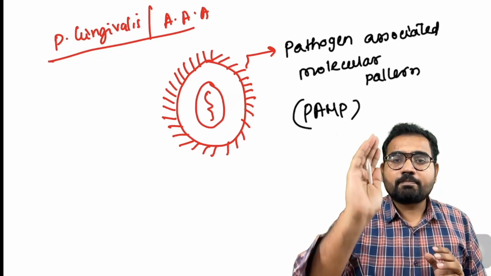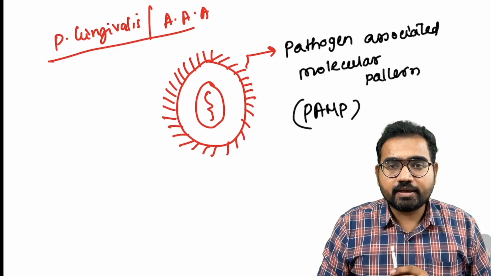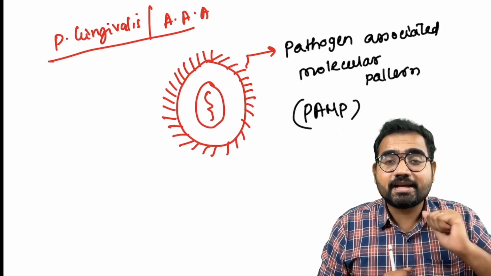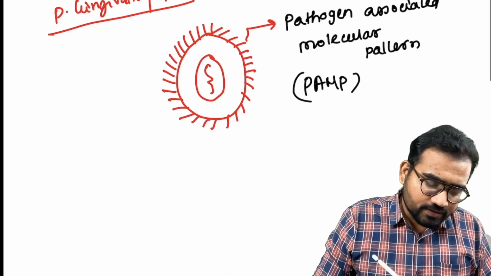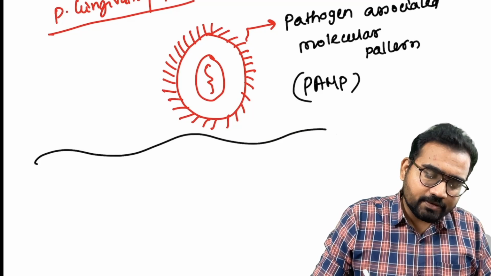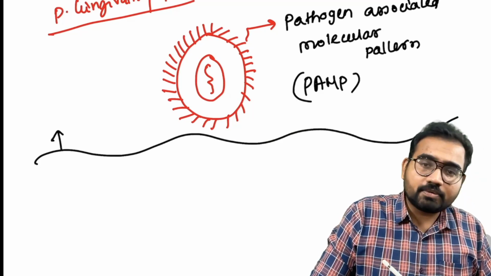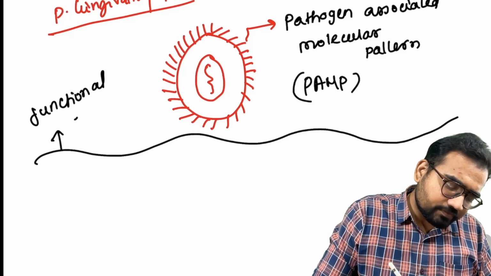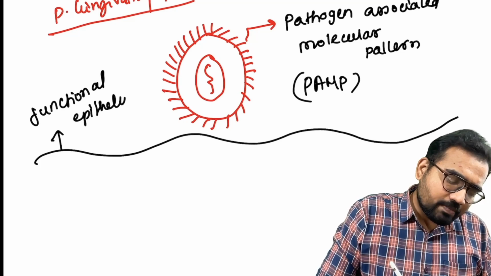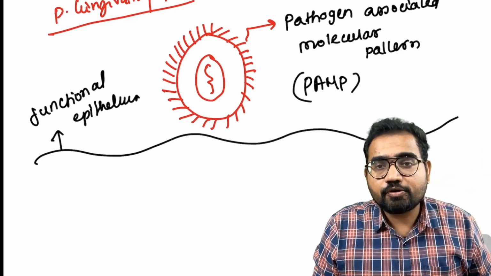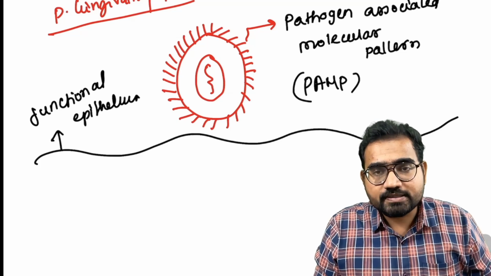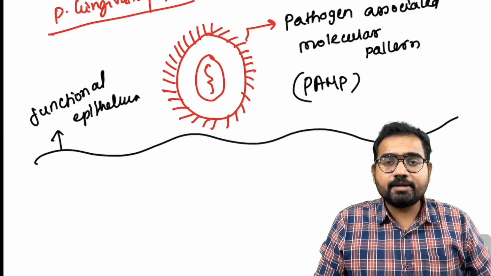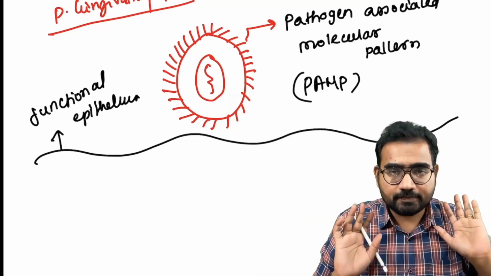So the PAMP present in the bacteria is going to come in contact with the epithelium, say for example, in this case, the junctional epithelium. The bacteria present in the plaque or calculus enters the sulcus and comes in contact with the junctional epithelium. Each bacteria will have a PAMP.